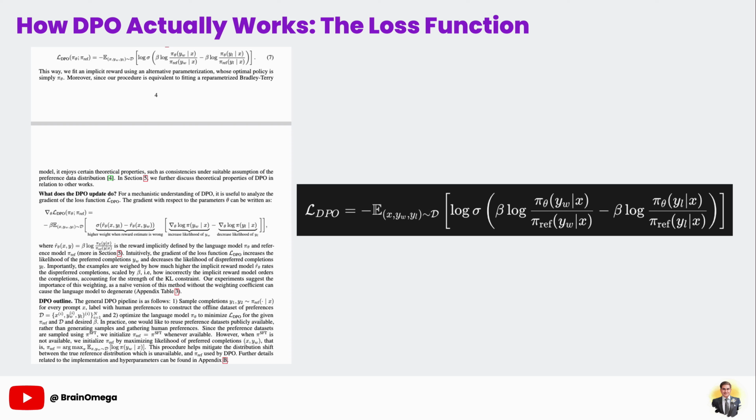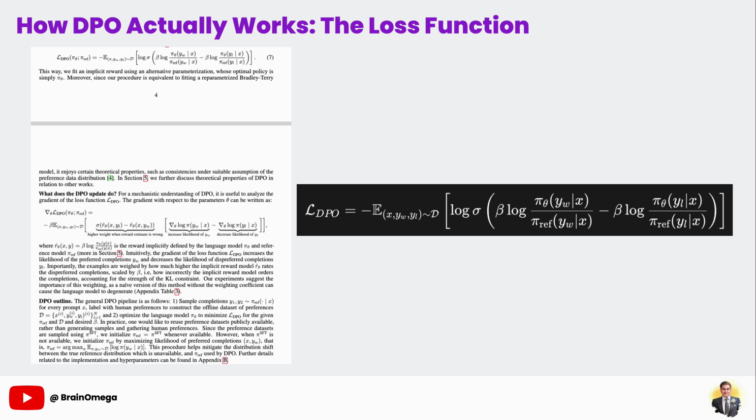Let's break it down. The core idea. At its heart, it looks at the log probabilities your model, pi theta, assigns to the winning and losing responses. The goal is to make the winner's probability go up and the loser's go down. The reference model, pi ref. You don't want the model to stray too far from its original stable knowledge base.